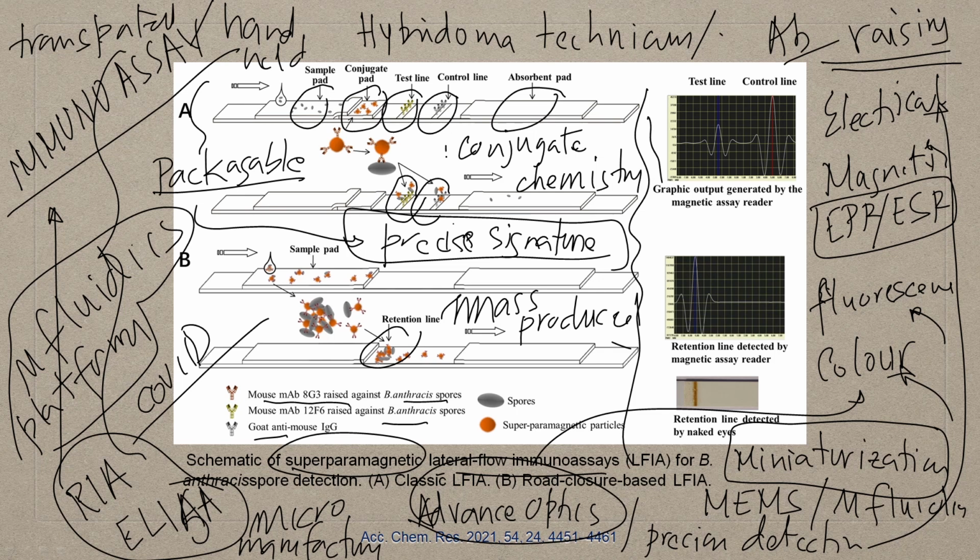This is important because you have to conjugate the antibody with fluorescent probes, or with some enzyme for enzyme linked immunosorbent assays, or with some magnetic probe, or some electrical probe, or with some other dye. So, there is a huge amount of conjugation chemistry happening.